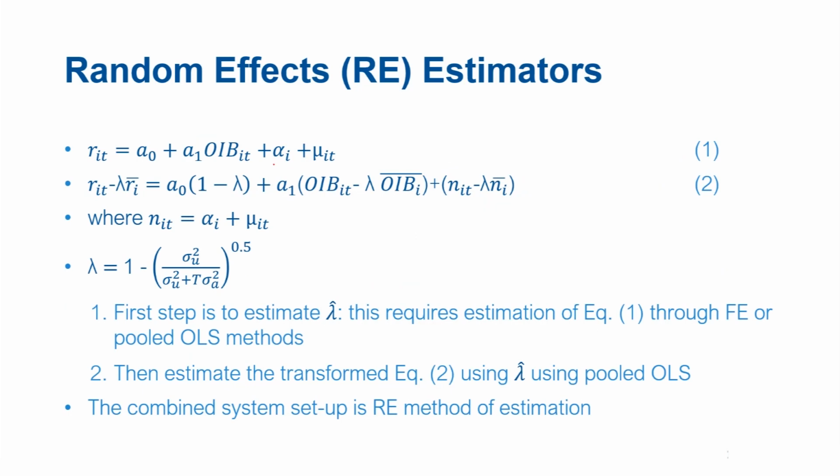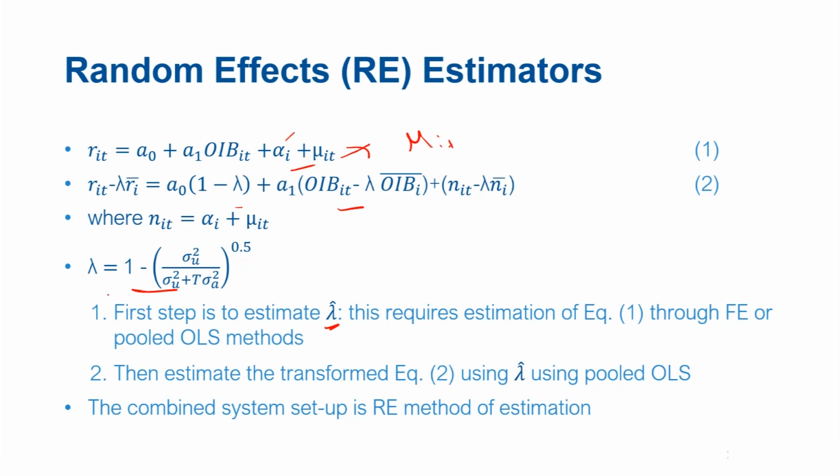The way to estimate the random effects model here is to estimate this system of equations 1 and 2. However, the problem is that in the first stage it requires estimation of lambda, which is not directly observed, and therefore you first estimate equation 1 through fixed effect, first difference or OLS. You need to estimate this so that you can find estimates of the error terms, as well as estimate the unobserved heterogeneity.